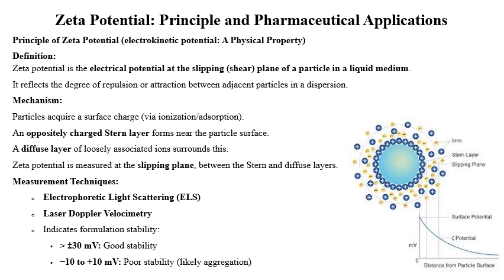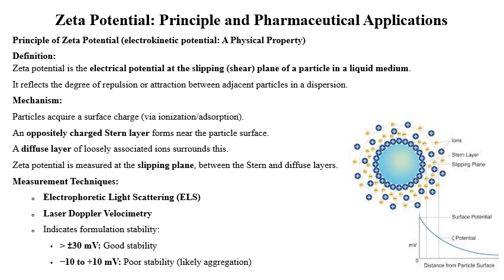An oppositely charged stern layer forms near the particle surface. So stern layer is a layer near to the particle surface, and a diffuse layer of loosely associated ions surround this. So diffuse layer will have opposite charge to the stern layer charge.